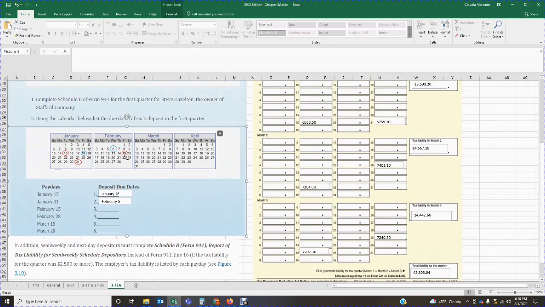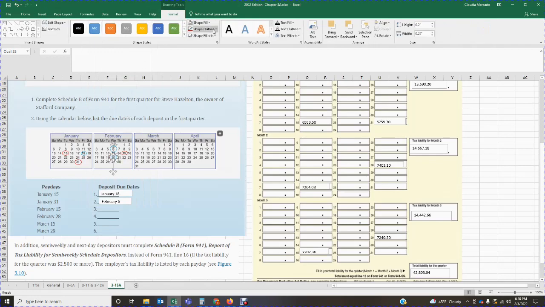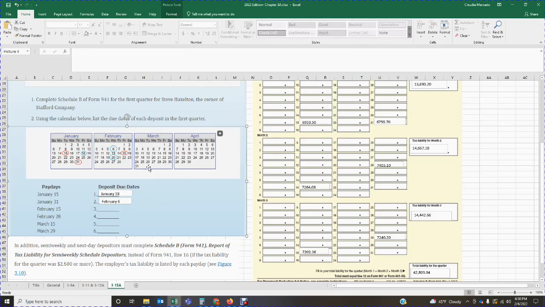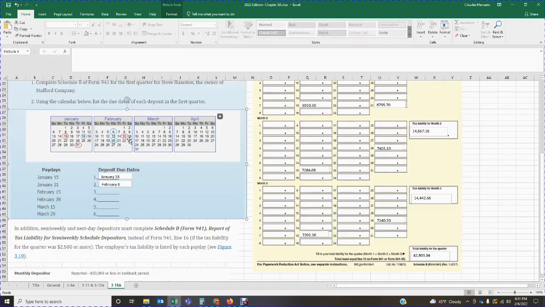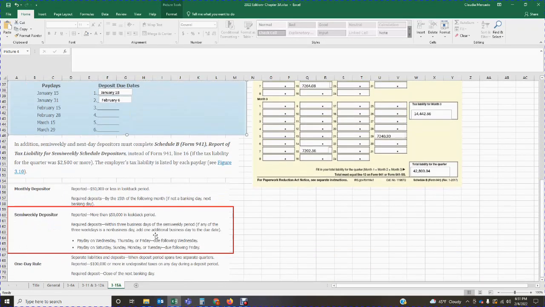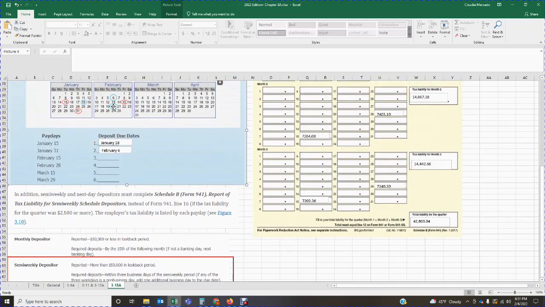So that would mean that the following Wednesday would be the 20th. Remember, look at the table: in this particular case, the payday was on the 15th, which is a Friday. If it's a Friday, it's due the following Wednesday. So the following Wednesday would be the 20th.